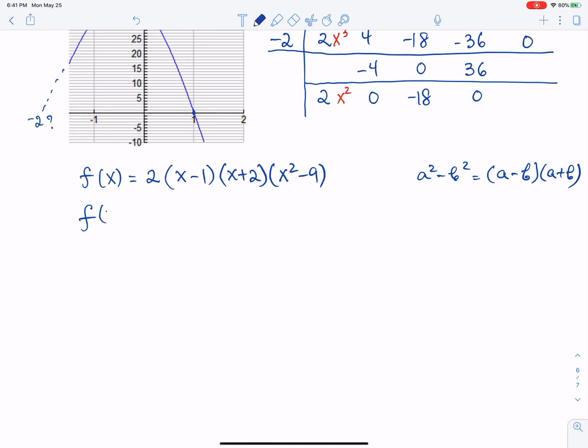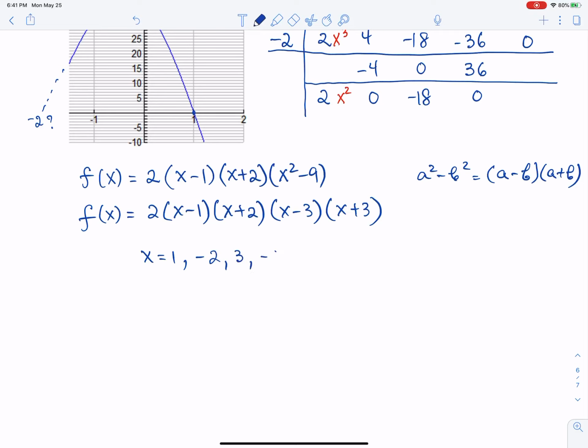So finally we're able to factor this expression as x minus 1, x plus 2, x minus 3, and x plus 3. So we found 4 zeros: x is equal to 1, negative 2, 3, and negative 3. And with this, I'm concluding this lecture.